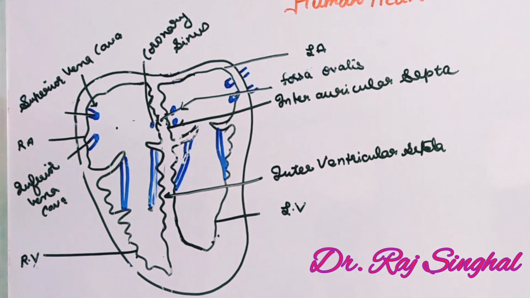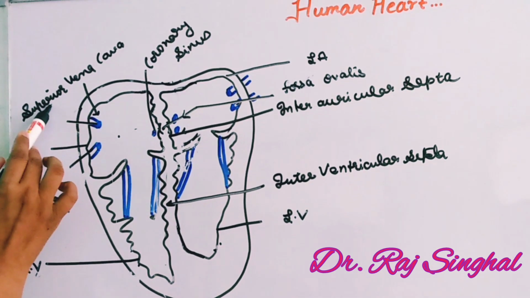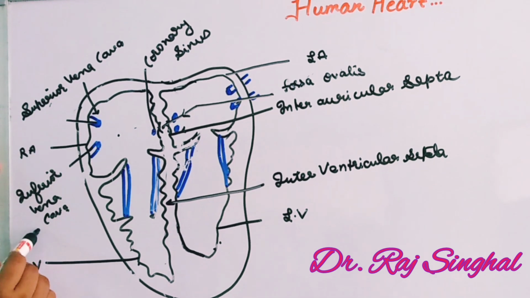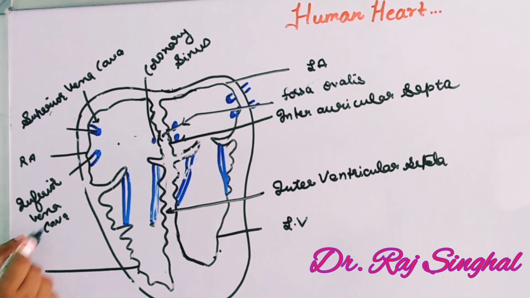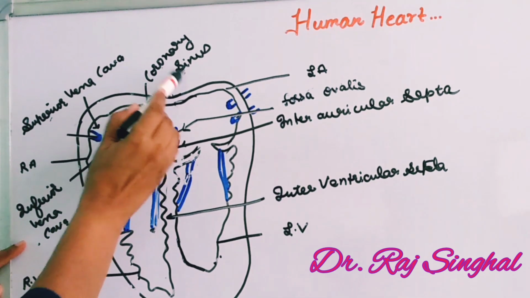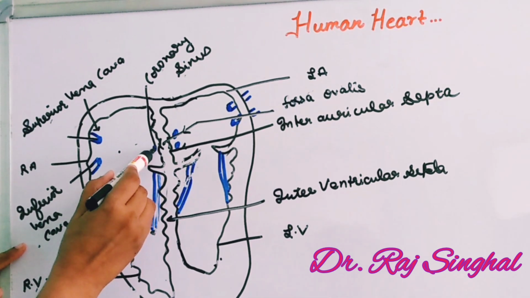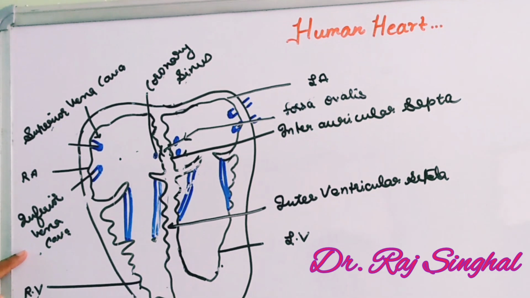Superior vena cava is bringing the blood from the upper part of the body. Inferior vena cava is bringing the blood from the lower part of the body, and coronary sinus is bringing the blood from the wall of the heart.